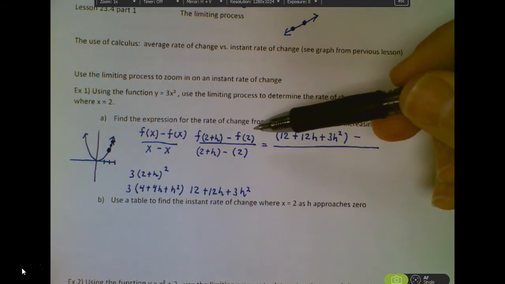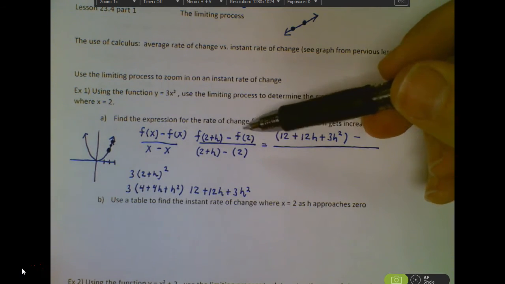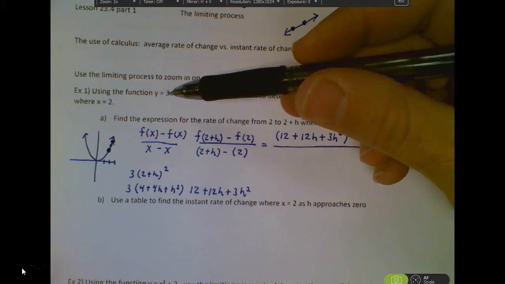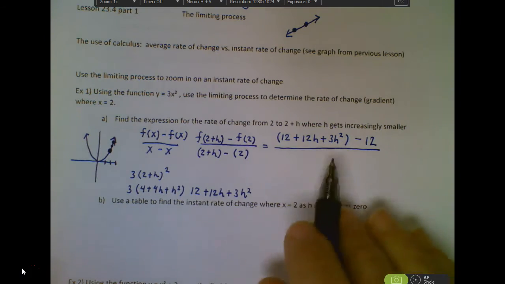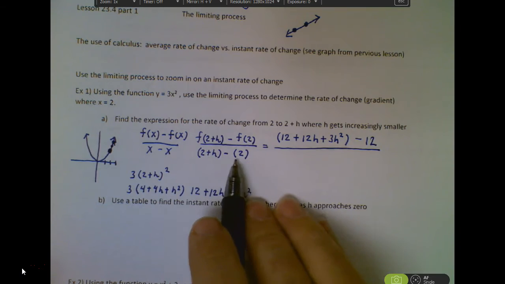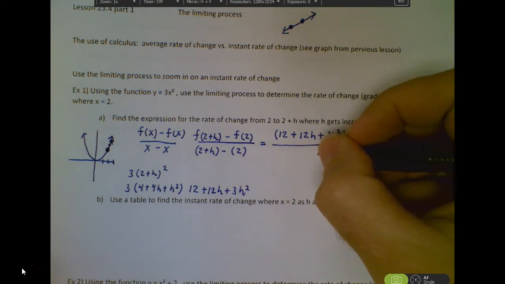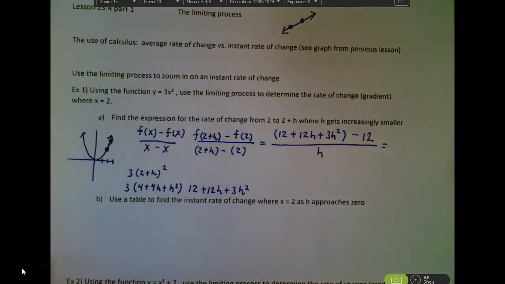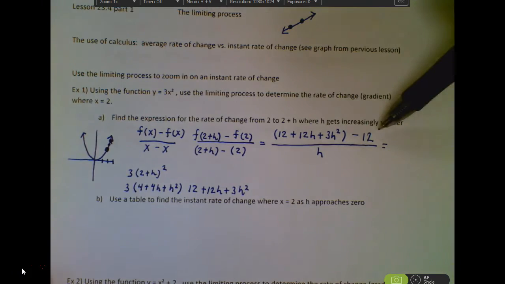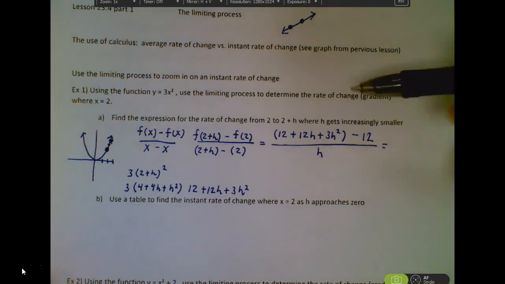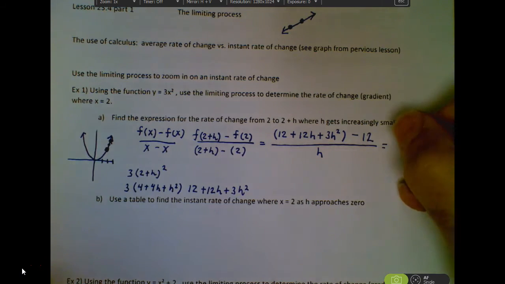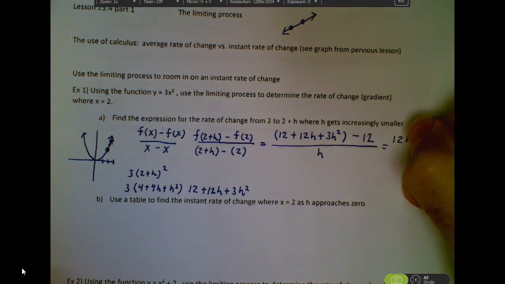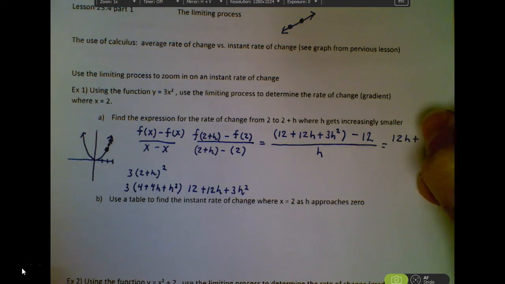This guy's going to be a little easier because it's just a number. So when I plug in 2 into the function, I got 4 times 3 is 12. Remember what we talked about right here? That minus that would just be h. And so after a little cleanup here, you can see that 12 minus 12 would cancel. So all I'm going to get is this little interior right here. So 12h plus 3h squared over h.